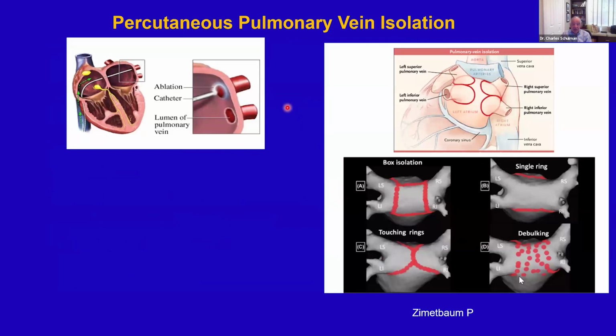This is ablation, percutaneous pulmonary vein isolation, or PVI.